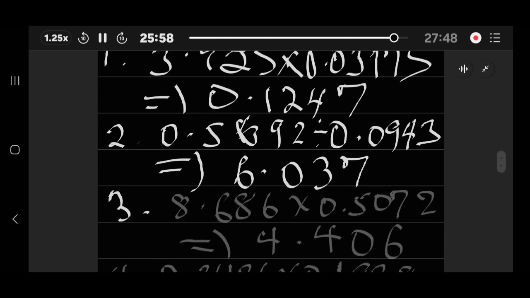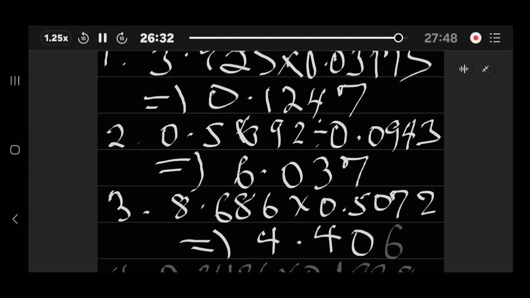Question number 3. Evaluate 8.686 times 0.5072. If your work is correct, your final answer will be 4.406.